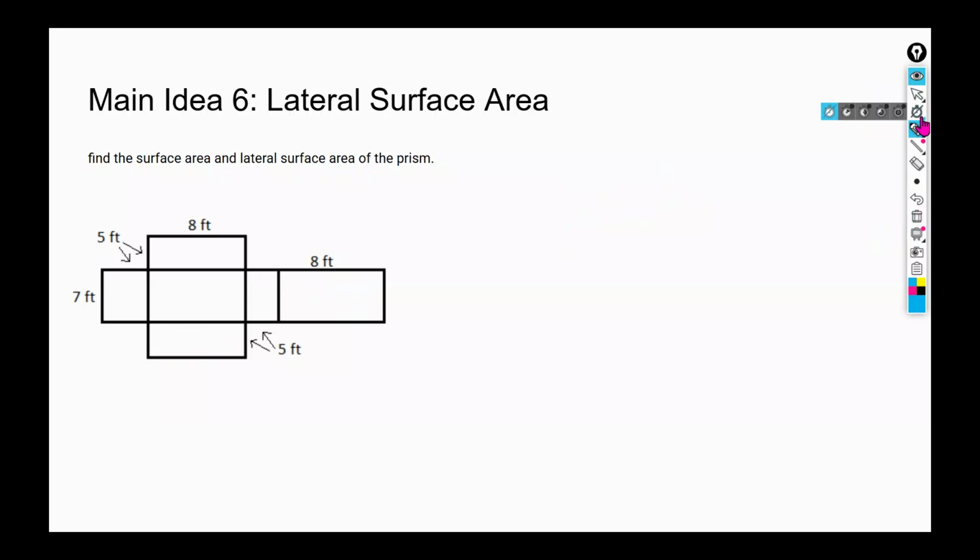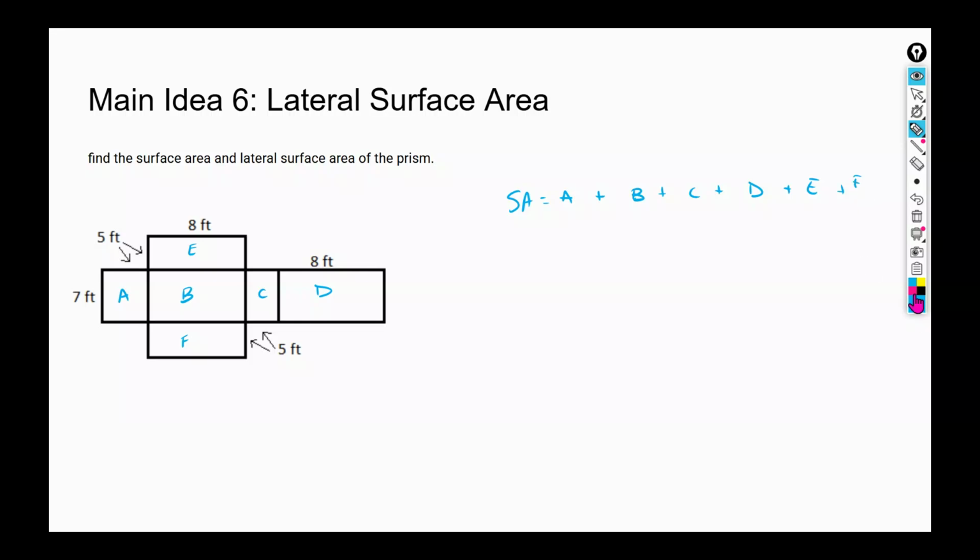And what we're going to do to find the surface area is calculate the area of each individual rectangle. So let's do it. There's rectangle A, B, C, and D. We have rectangle E and rectangle F. The surface area is just going to be the area of all of these rectangles added together.